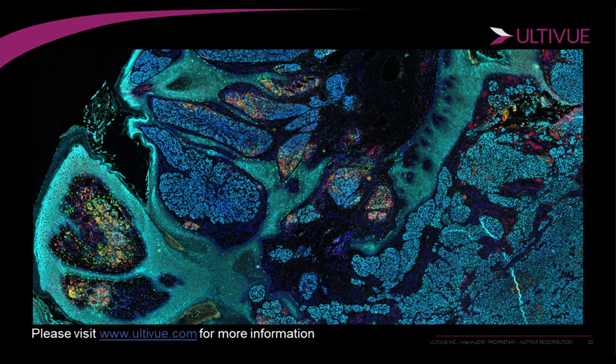If it's referring to serial sections, maybe two separate serial sections of that lung tumor, our software is not designed to handle that, but there are other software options on the market that can, I believe. But I'm not sure how well those other softwares outside of Ultivue actually perform at that.